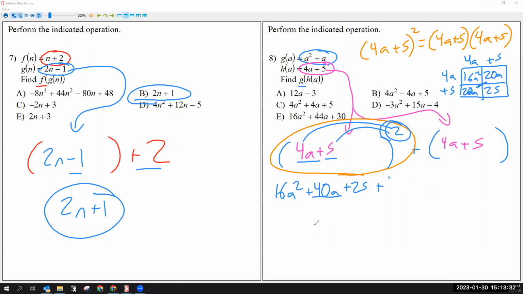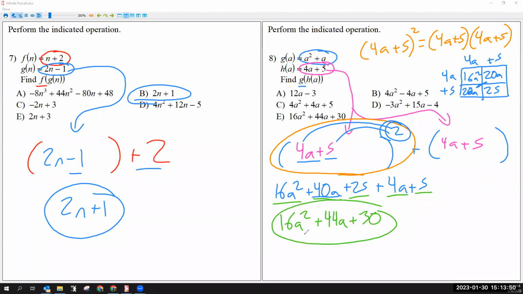The last one doesn't have a squared, so I can just say 4a plus 5. And now I'll combine like terms and say, okay, 16a squared, 40a and 4a make plus 44a, 25 and 5 make plus 30.